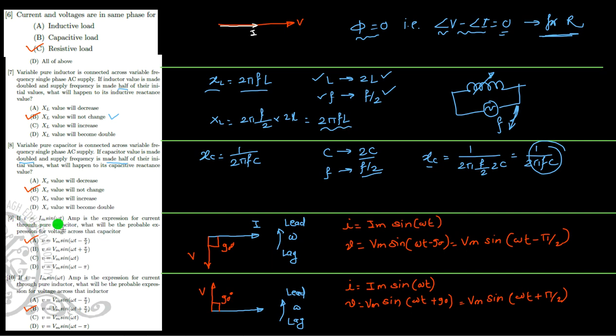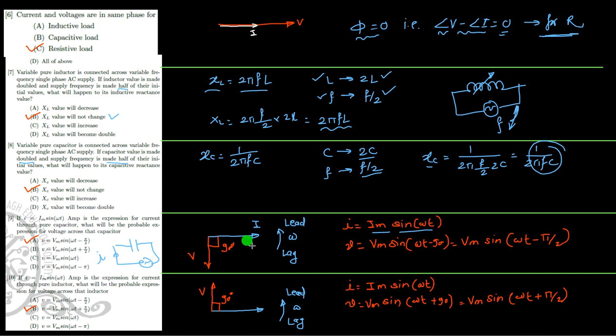If i is equal to Im sin omega t ampere is the expression of the current through a pure capacitor, what will be the probable expression for the voltage across the capacitor? Here the pure capacitance case is given, and the current is given as Im sin omega t, so current is taken as the reference.